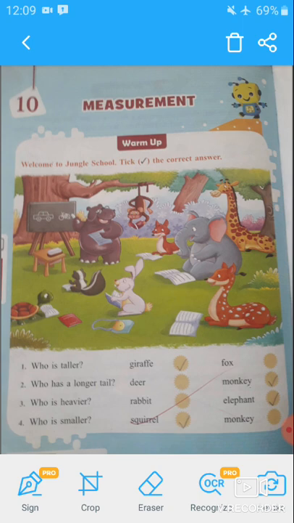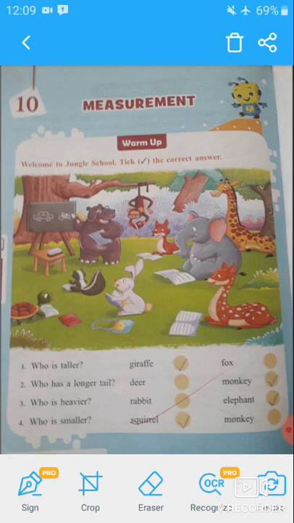In early times, how did people measure anything? They used handspan, footspan, cubit, pace, etc. And I hope you are all familiar with these words.